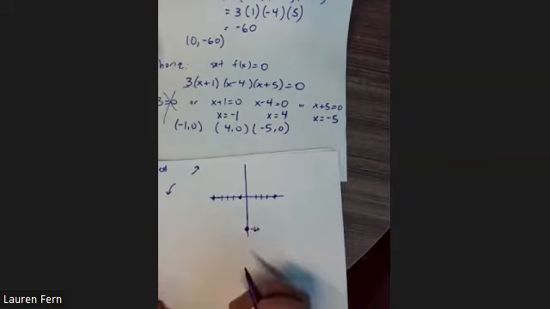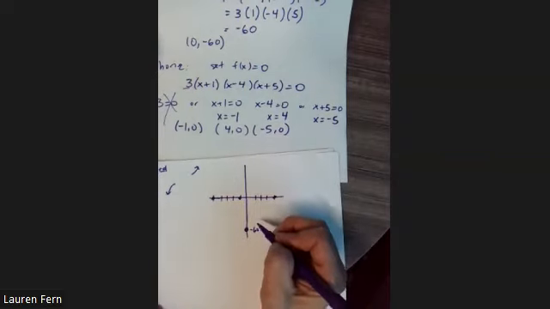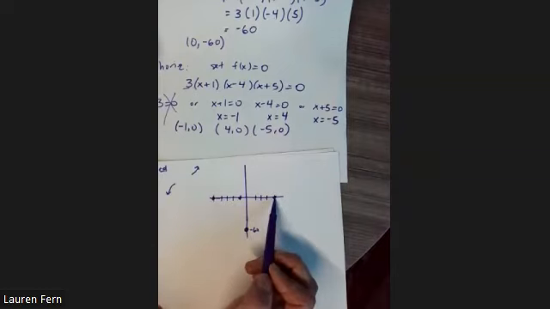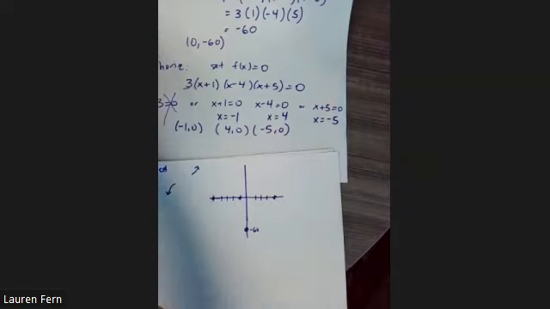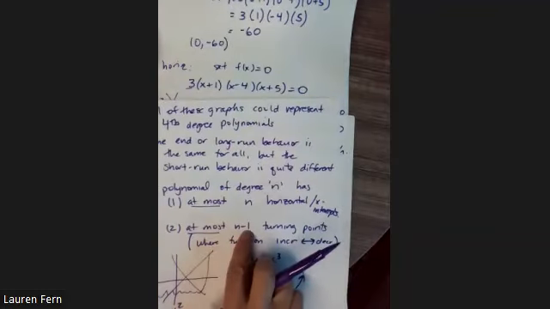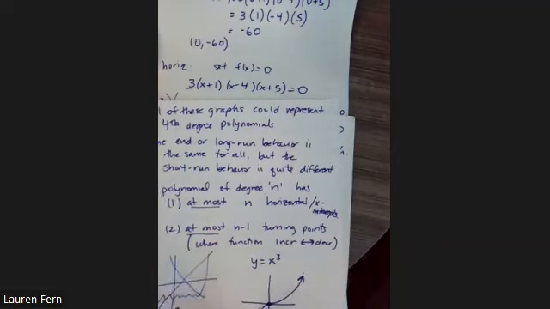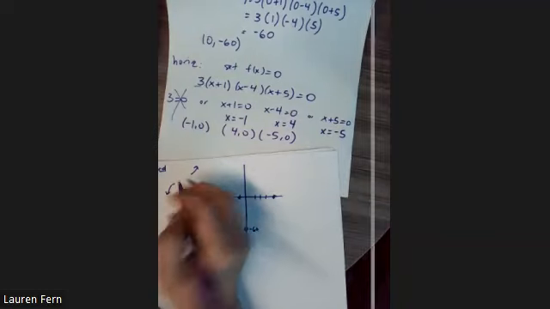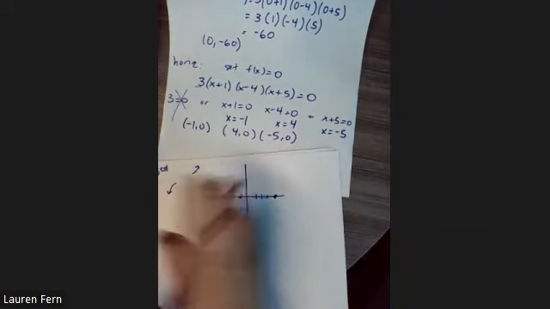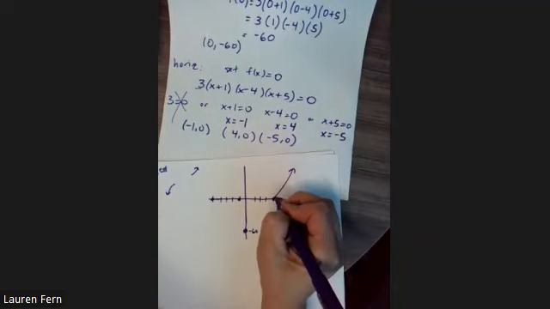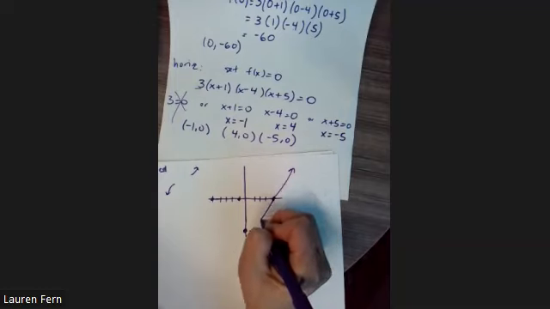Okay. Now, I also know that if this is a 3rd degree polynomial, notice we have at most 3 intercepts. And from what we talked about back here, we have at most 2 turning points, in other words, where the function changes direction. Well, again, since our leading coefficient is positive and this is a 3rd degree, I already know that something like this is going to happen.